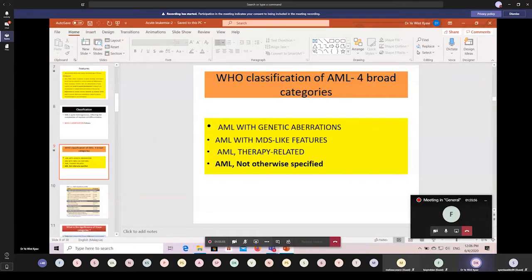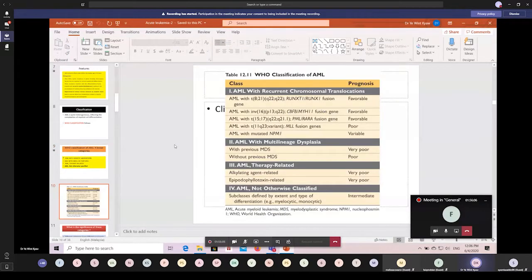Here I have specified AML with genetic abnormalities, and AML with MDS, myelodysplastic syndrome-like features. The rest will be in AML, not otherwise specified. If you need to know the gene here, I will highlight. You need to know the gene 5070.